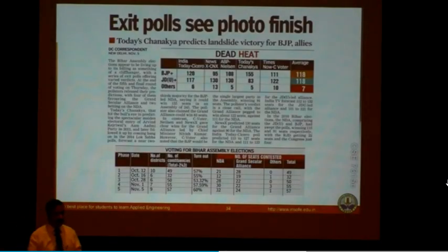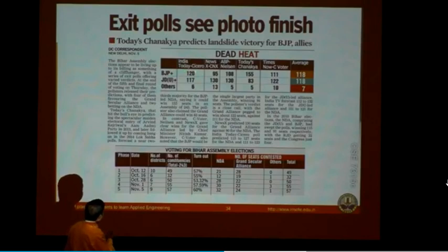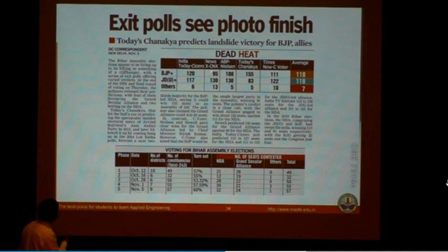Okay, so we see these all the time. Exit polls, see photo finish. This was the Bihar election, I guess, two years back, after the general elections. And you see how they say India Today predicts 120 seats for BJP plus, 117 here, and various organizations are predicting various things.